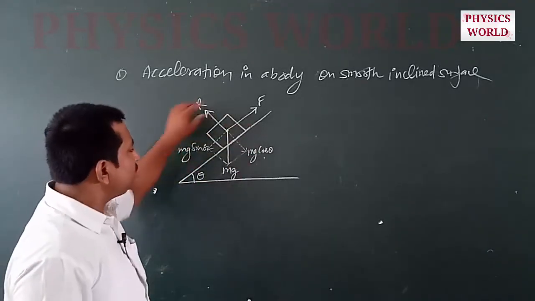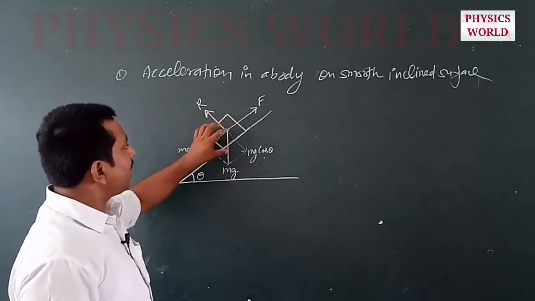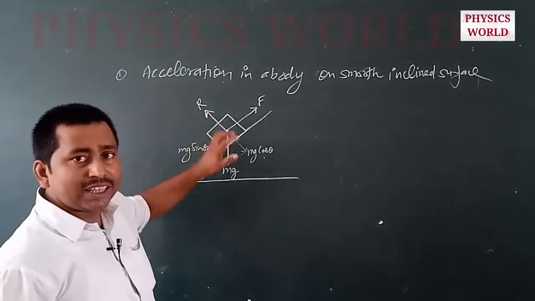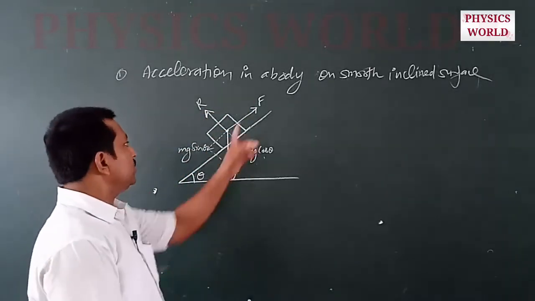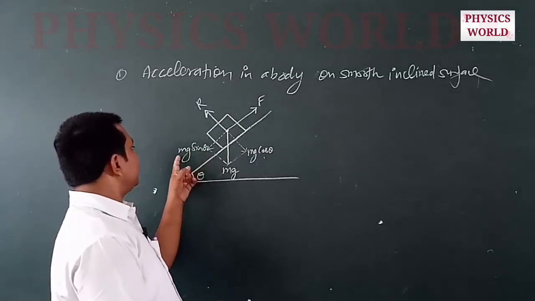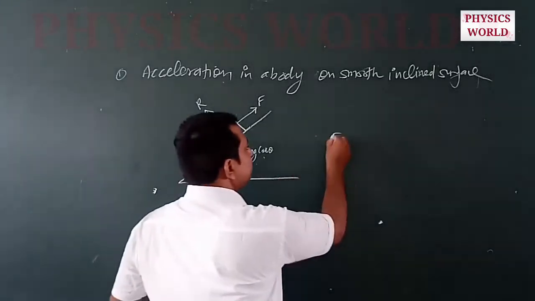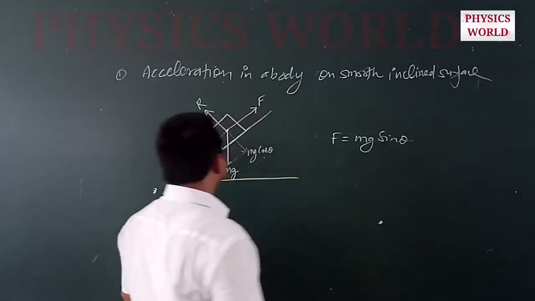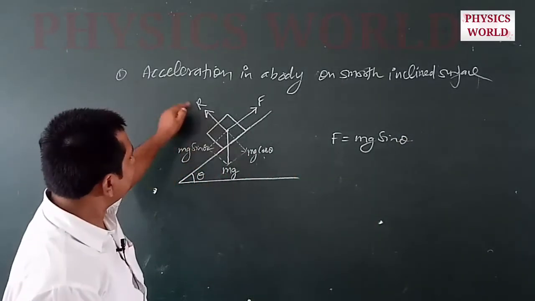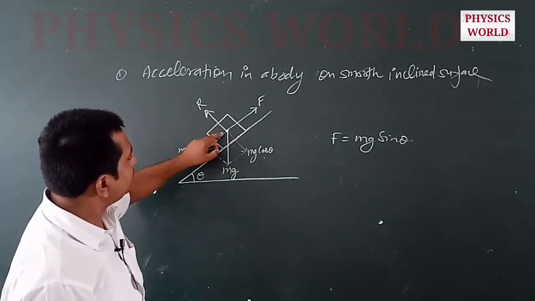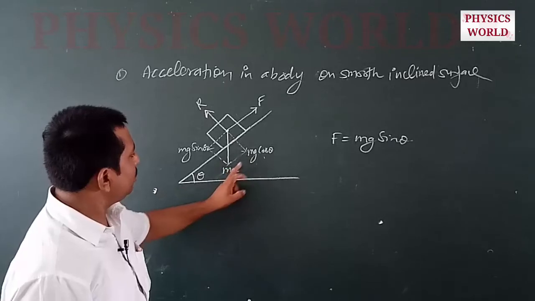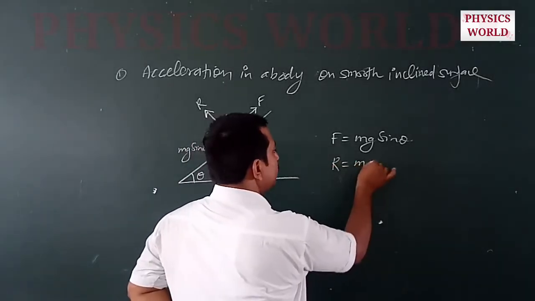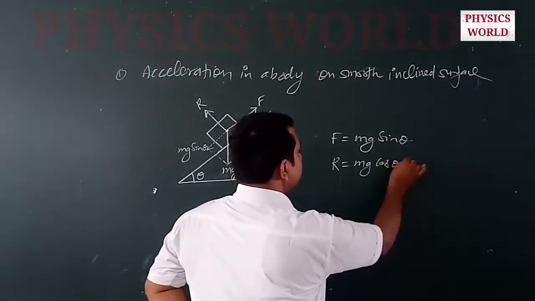So if we assume that the force acting on this block is such that the object is at rest, this force will be balanced by mg sin theta, and the normal reaction R will be balanced by the component of mg, that is mg cos theta. R equals mg cos theta.